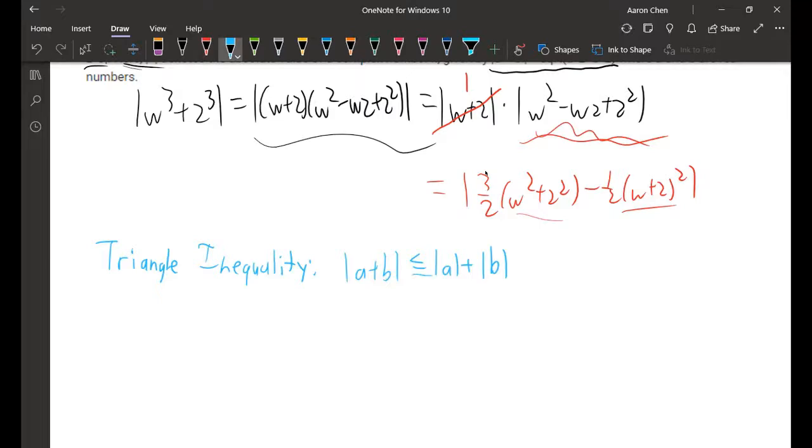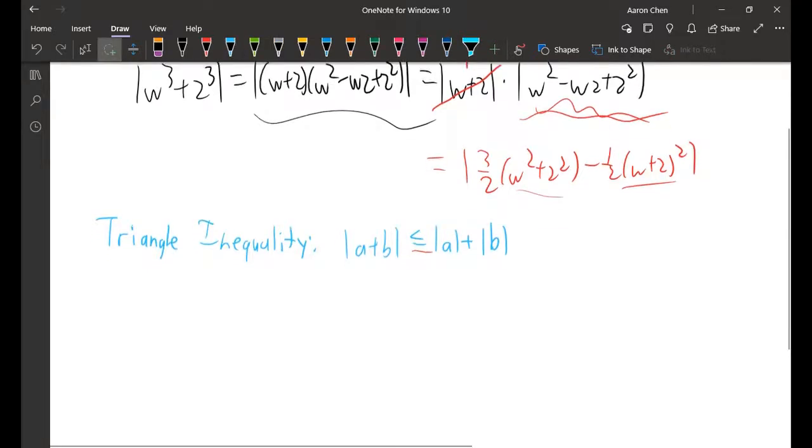And the equal sign only holds true when a and b follow the same direction. What I mean by that is, if this is the complex plane and this is A, then B can be any point on the positive side of this line.